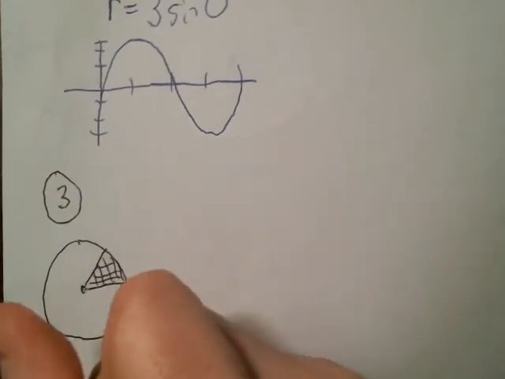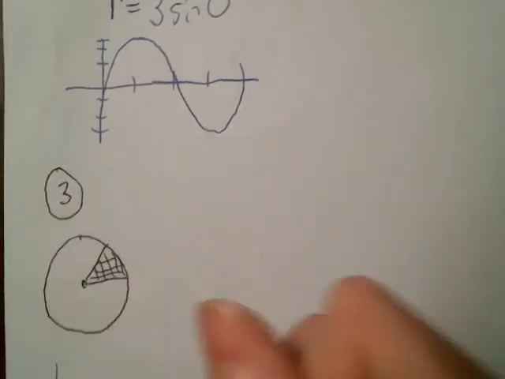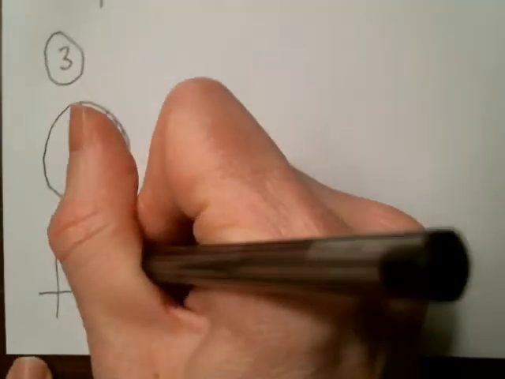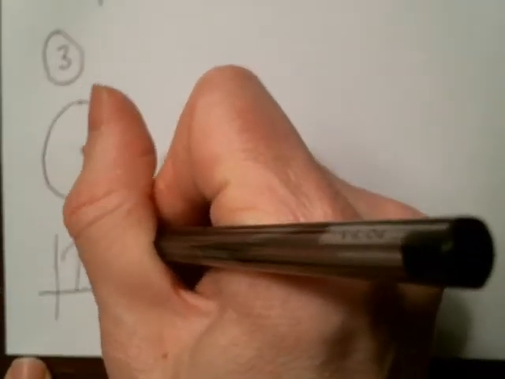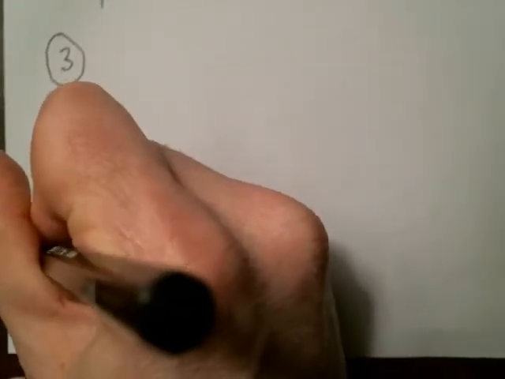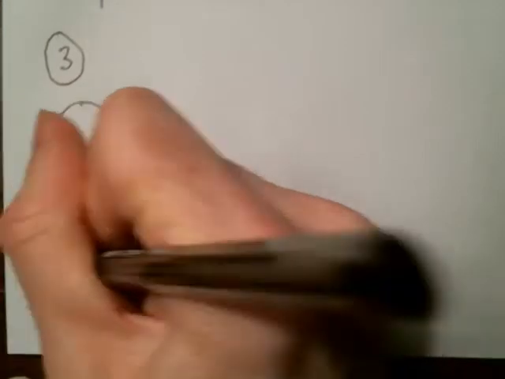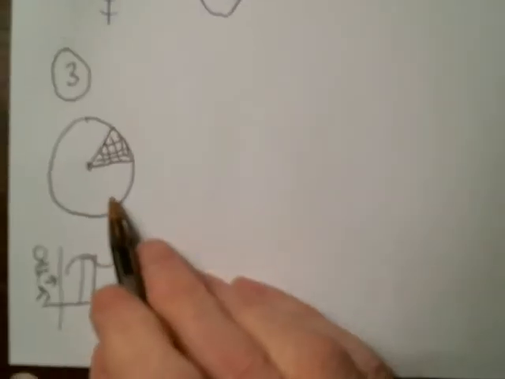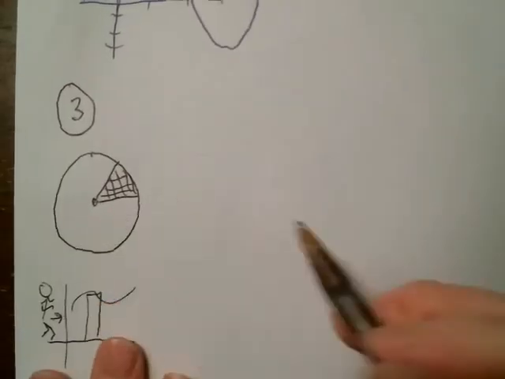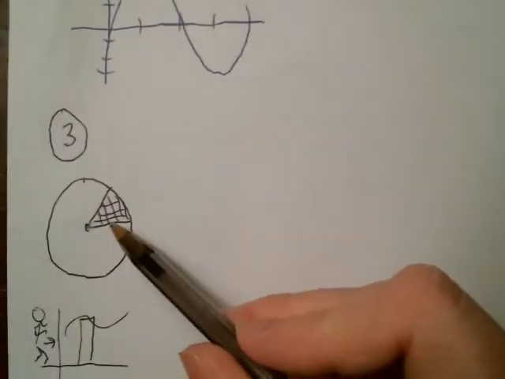So in Calc 1, you would be finding the area underneath the curve by splitting it up into a bunch of rectangles, and then finding the area of the rectangles and having the Riemann man run across in this way. Now we're going to be splitting up our polar regions into a bunch of these things.